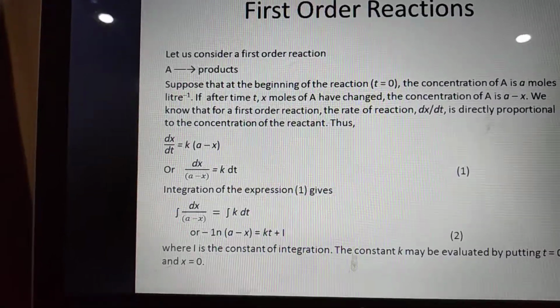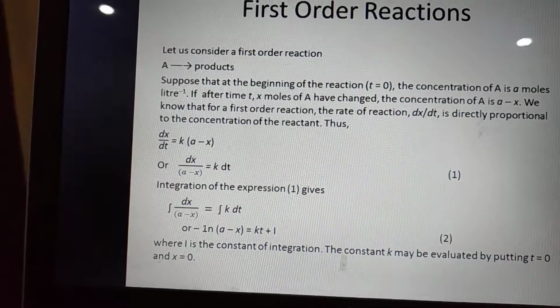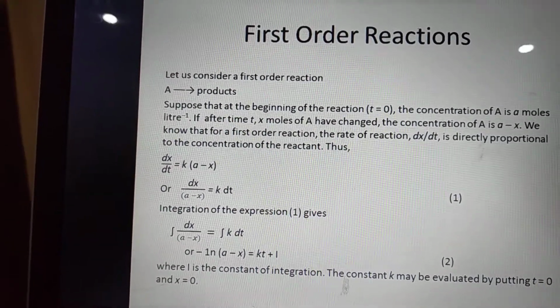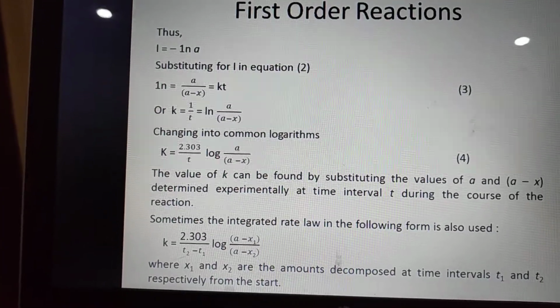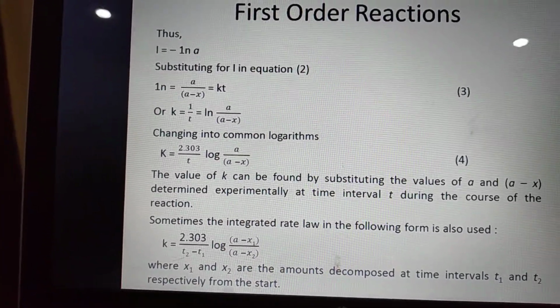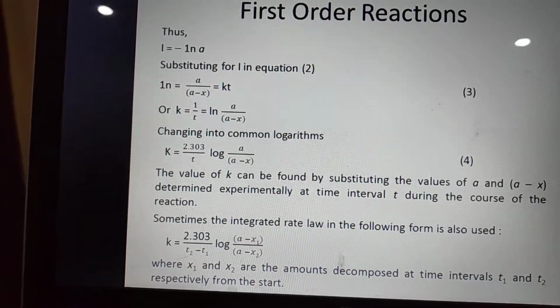The constant may be evaluated by putting t equal to 0 and x equal to 0. Thus I is equal to minus log a, where a is the initial concentration of the reactant A.